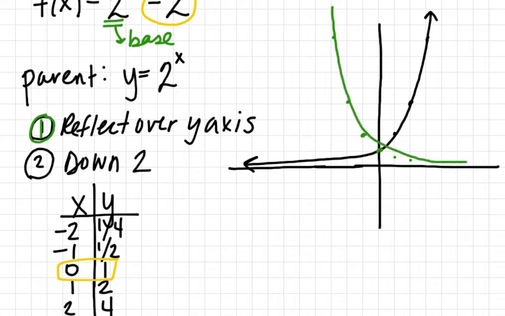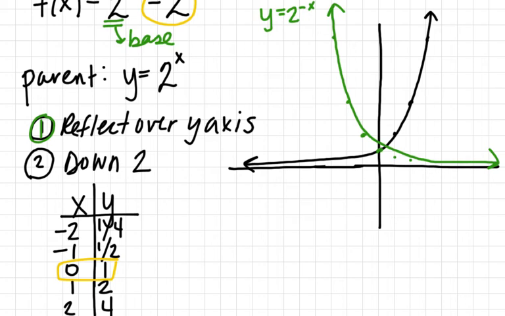Notice also that the horizontal asymptote hasn't changed yet by doing the reflection. So what I have graphed here in green is essentially y equals 2 to the -x power. You'll notice that in green this is the same as y equals 1/2 to the x power.